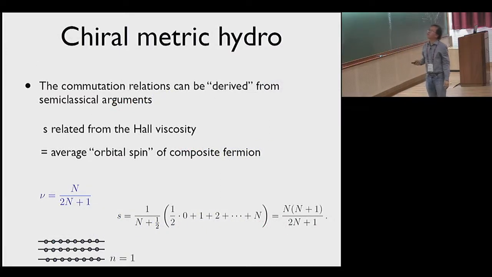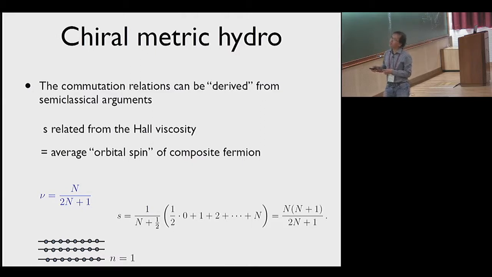So the commutation relation can be derived from some semi-classical arguments that I'm not going to tell you here. But I want to tell you that this parameter S, since it's related to the Hall viscosity, can be determined almost uniquely by what we know about the quantum Hall state. For example, we know that it's an average orbital spin of the composite fermion.